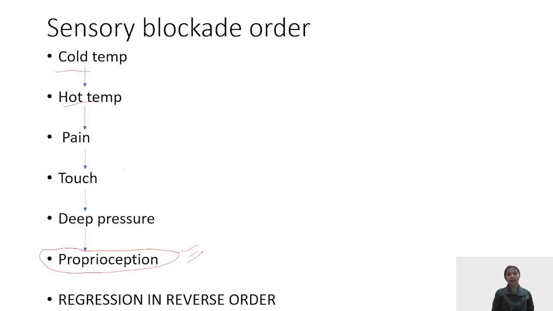Is that clear? The significance in spinal anesthesia is, suppose you have given the spinal anesthesia at L2 level and the sensory loss is at L2 level.